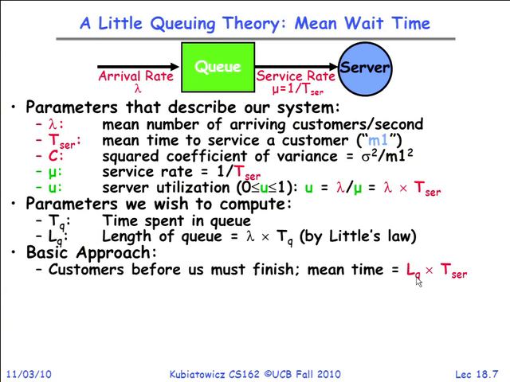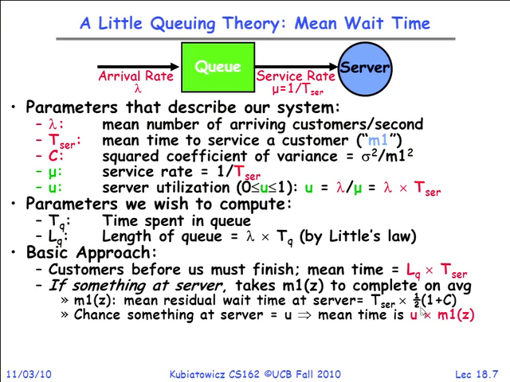Okay, but that doesn't include the person at the counter. So to include the person at the counter, we actually have to say what is their residual time at the counter at the point that I walk in the door. That's M1Z. And what we do is we actually multiply the utilization times M1Z. Why is that?